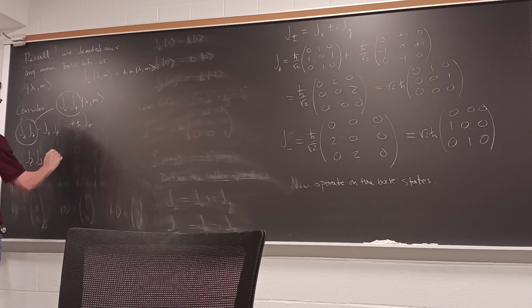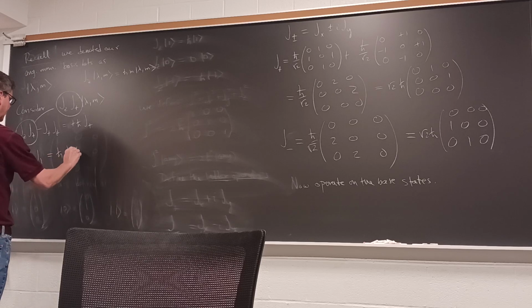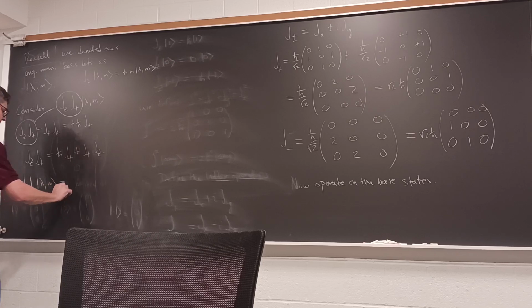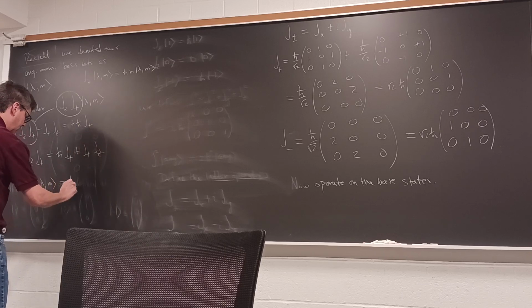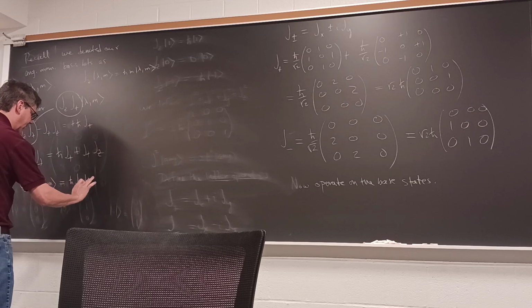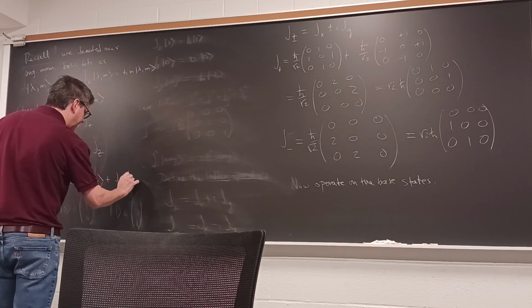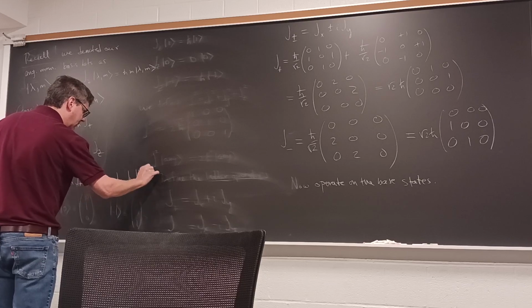So jz j plus is h bar j plus plus j plus jz. And you'll notice that when you do this, you've flipped the j plus and the jz so that this thing will now operate on the ket and give you something that you know. So jz j plus on ket lambda m will give us h bar j plus on the ket lambda m plus j plus jz on the ket lambda m.